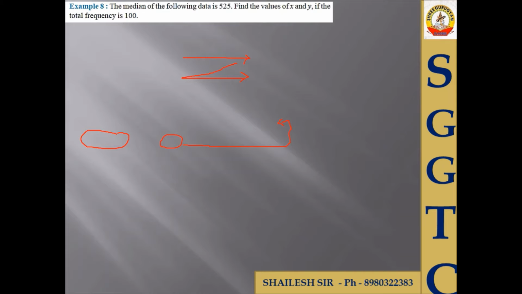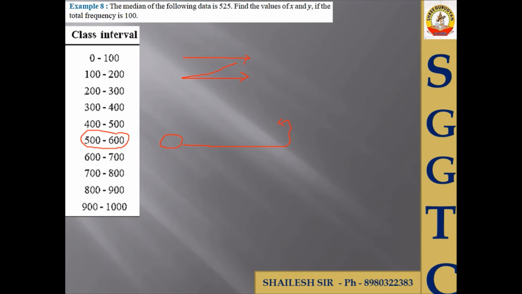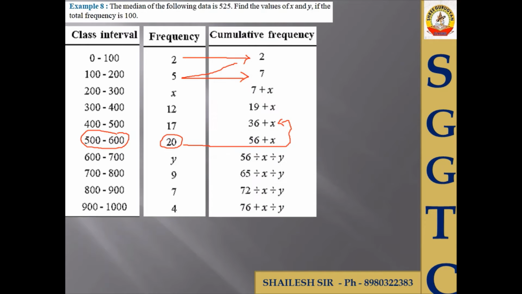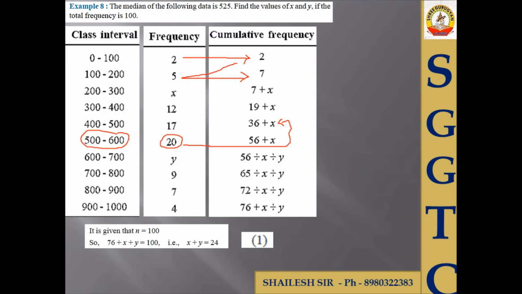First create the cumulative frequency: 2 is written the same, 2 plus 5 is 7, 7 plus x is 7 plus x, then 12 plus 7 plus x and so on. Always draw the arrow and write it like this. The last value is 76 plus x plus y.